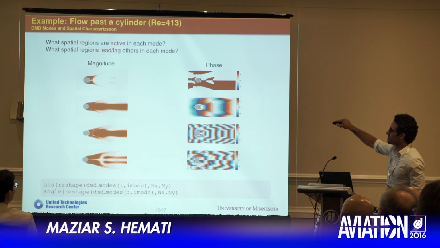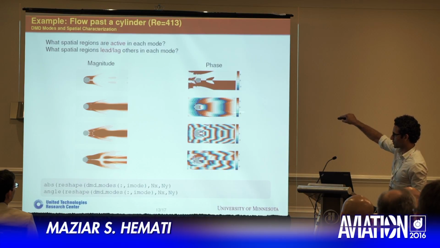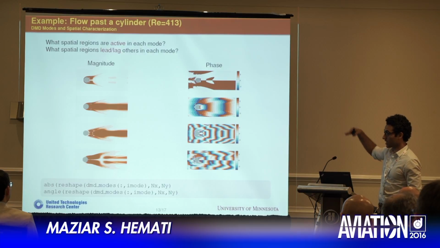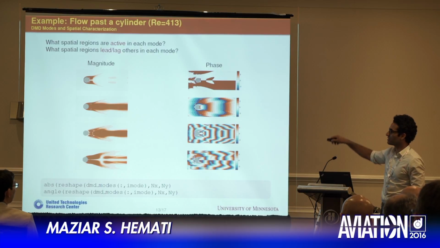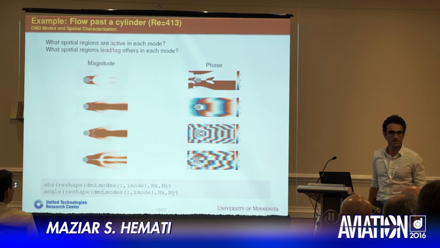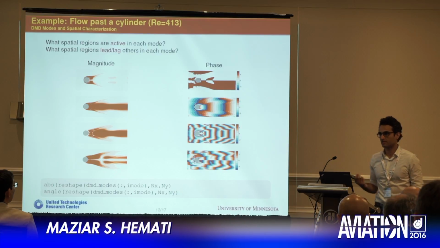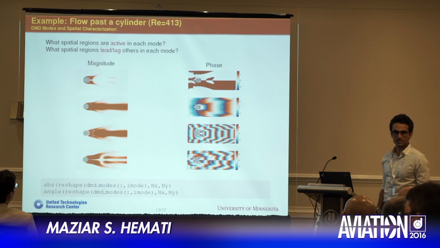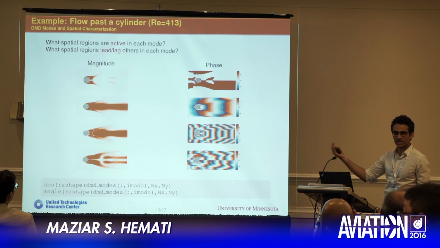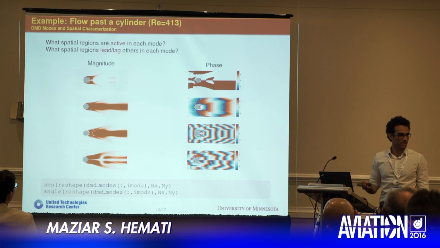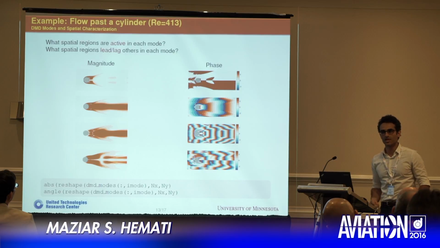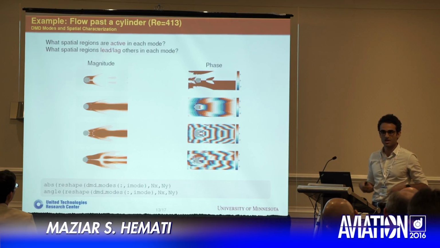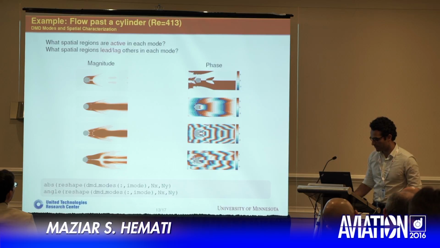And then the follow-on modes, the next two that we look at, are top-down symmetric. However, we see that there are leads and lags horizontally in the streamwise direction. And then we get another asymmetric top-down mode and other leads and lags in the system. So this magnitude and phase picture of things actually lets us analyze things in a little bit more depth than just looking at the spatial structures in terms of real and imaginary part.